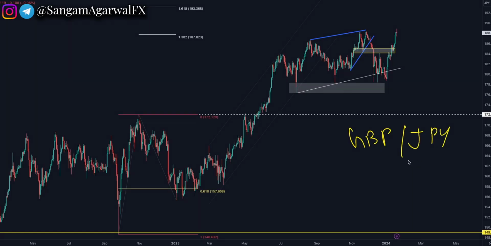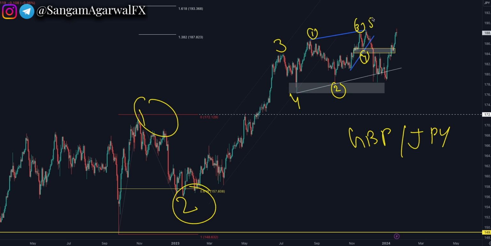GBPJPY daily chart, compared to USDJPY, here you have a clear technical setup. If you see the wave counting from top to bottom, wave 1, 2, 3, 4 and in the fifth wave you have an ending diagonal chart pattern, and many times after making an ending diagonal chart pattern it makes a double top.